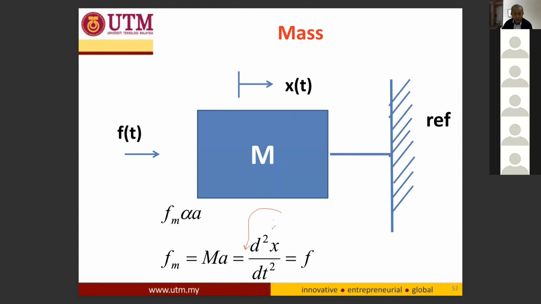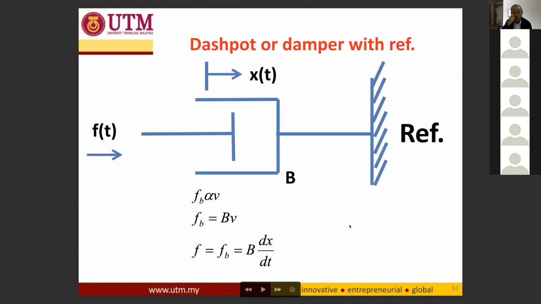It's m, please insert m inside your notes. And then the dashpot or the damper with reference, where the force F is equal to FB, which is equal to B dx per dt. So B is the liquid constant inside the damper.